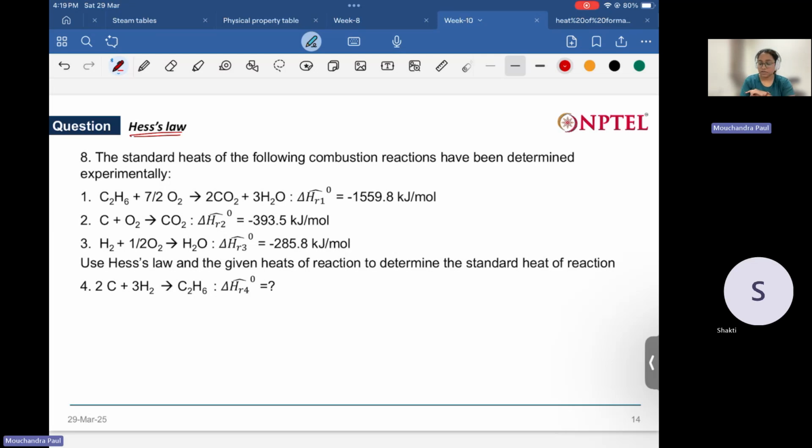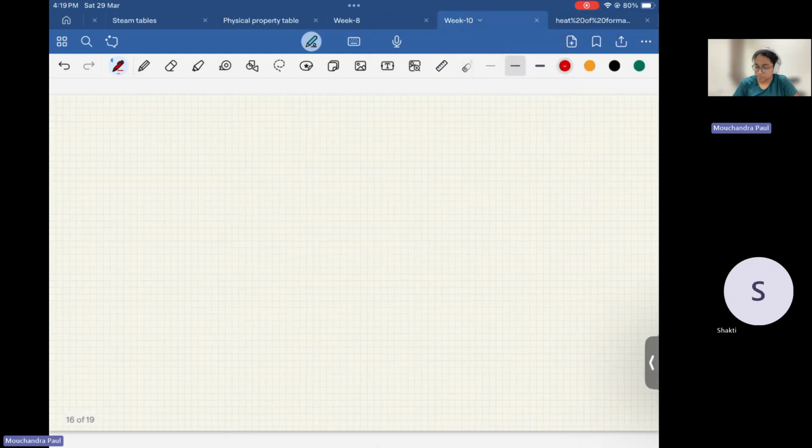What does this mean? Let's say you have one reaction which is A plus B gives 2C, and you are given another reaction which is B plus D gives 2E. This is reaction 1, this is reaction 2.